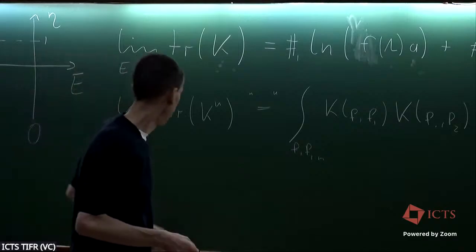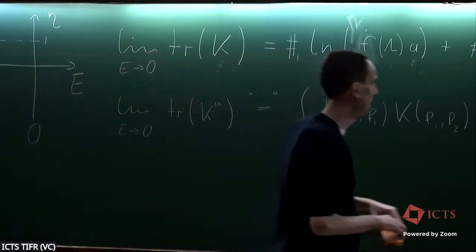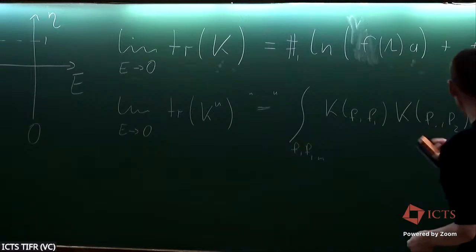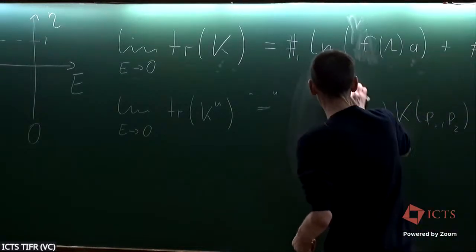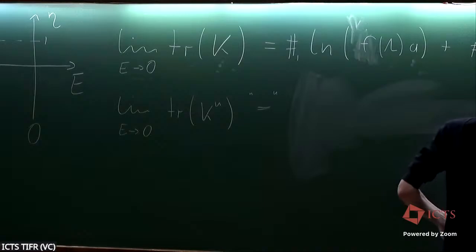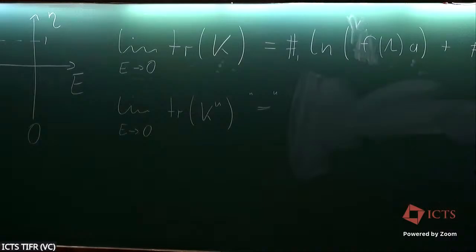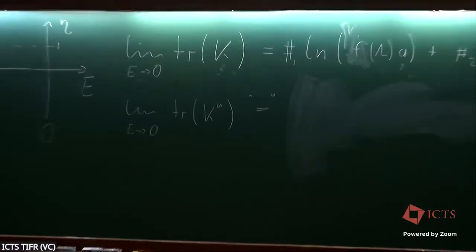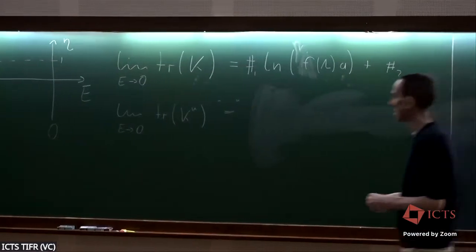Okay, so now I found that this trace of K to the power of n has the same functional divergence in E and Lambda for each power.